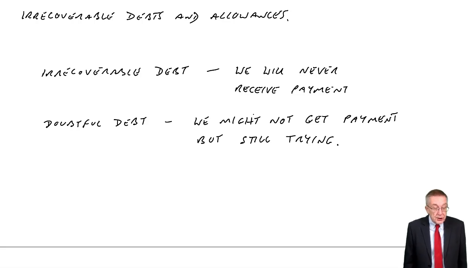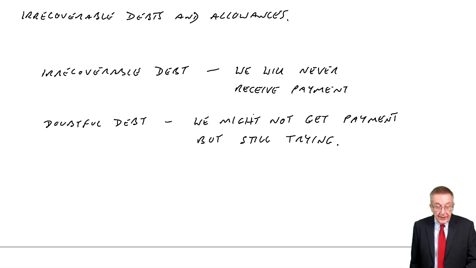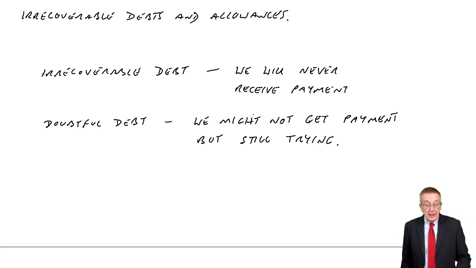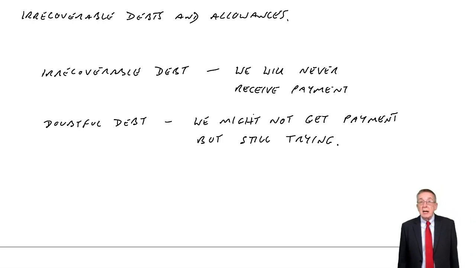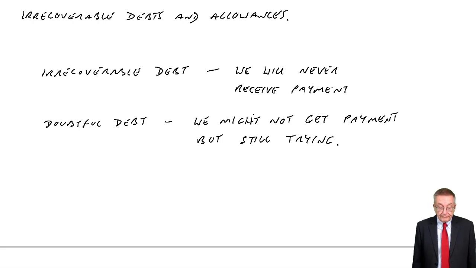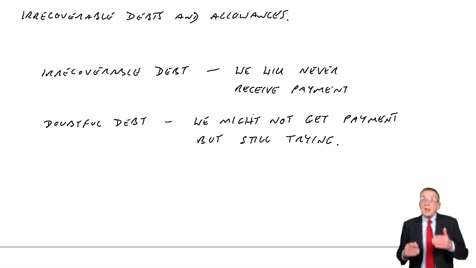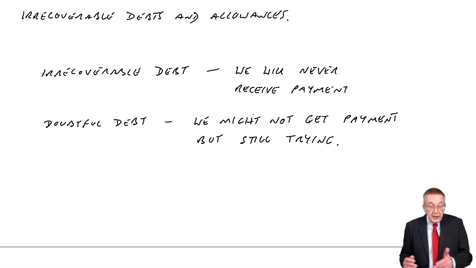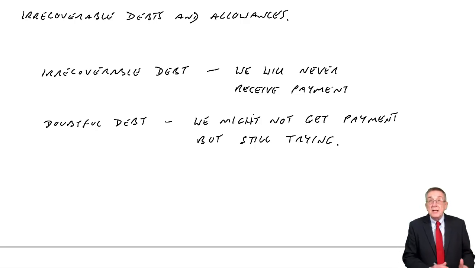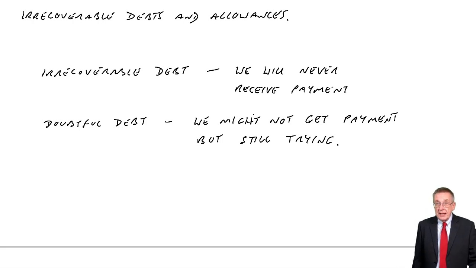And on investigation, this amount is found to include 2 debts from A plc and B plc, which are to be regarded as irrecoverable. The amounts owing, 2,500 and 1,600 respectively. So A owes us 2,500, B owes us 1,600. They're included in the total, but we've decided we're never going to get that money.